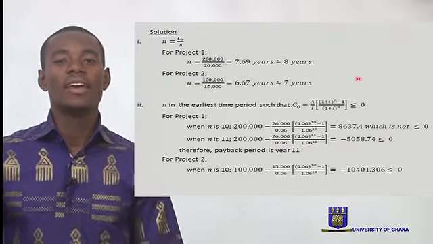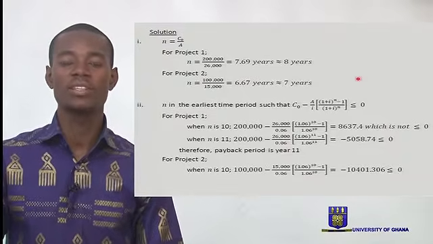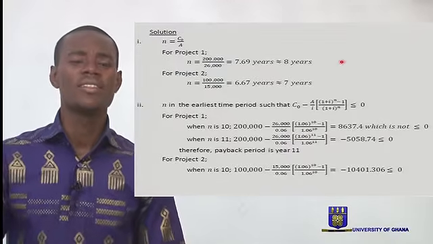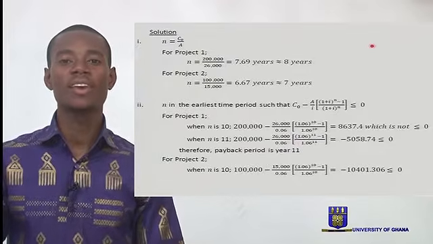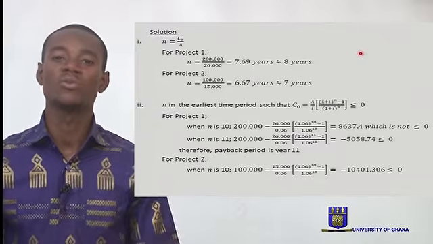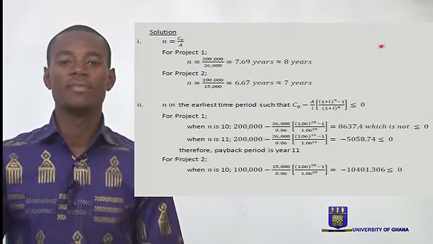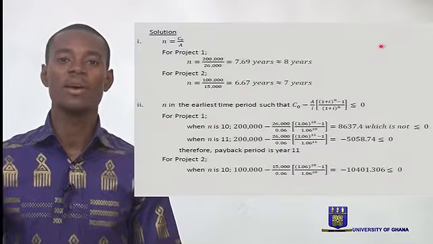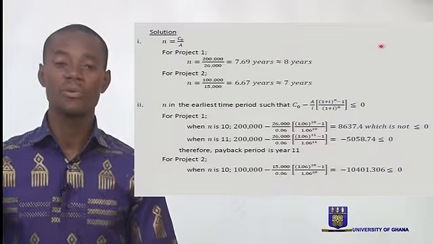Okay, now, if we are not considering the time value of money, where we assume the interest rate to be equal to 0, then for a uniform cash flow, where we have the same amount of inflow periodically, the only thing we do is divide the initial investment by the annual cash flow, the amount that comes in periodically.